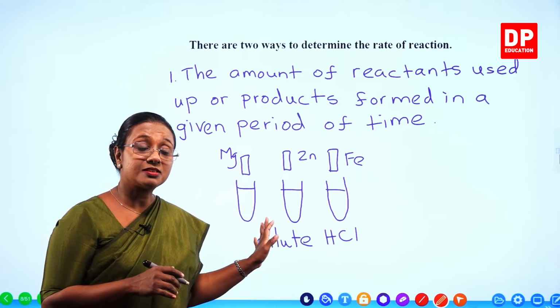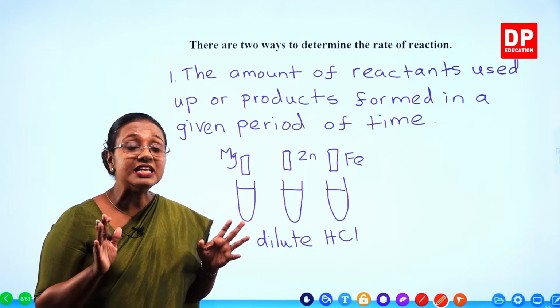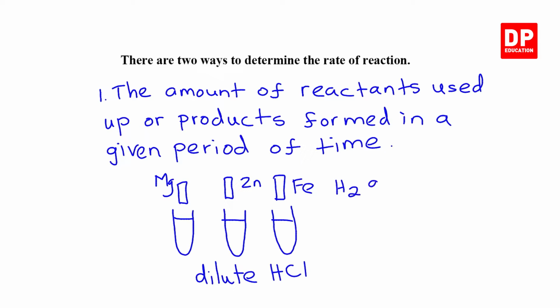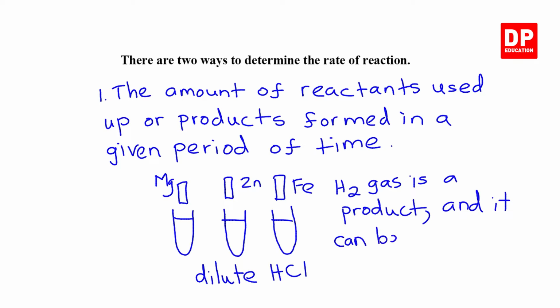So like we discussed before, we can easily collect hydrogen. So here H2 gas is a product and it can be collected easily.